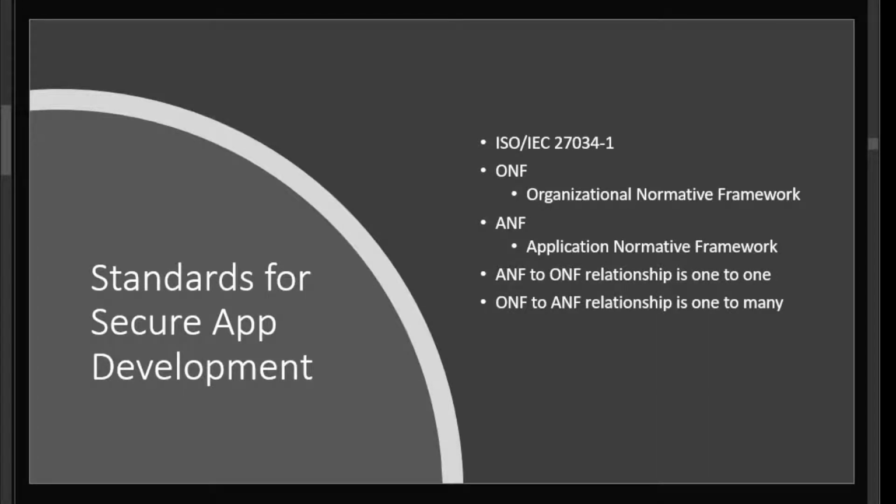So some important standards for secure application development. One we need to remember is ISO/IEC 27034-1. We'll get into this in the legal portion. There's going to be about 10 or 15 of these ISOs that we'll have to remember. And it's really difficult because they name them with seemingly random numbers.